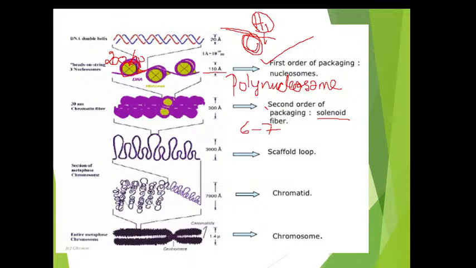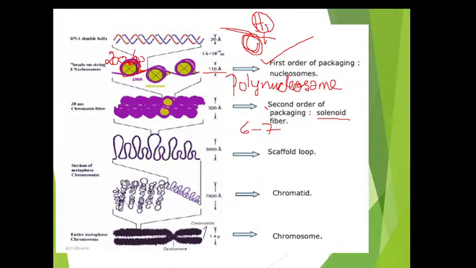The maintenance of this filament depends on the interaction between the H1 histone molecules. These H1 histone molecules have an important role in holding the nucleosomes together. H1 histone helps in the compact packing. They hold all the nucleosomes together.